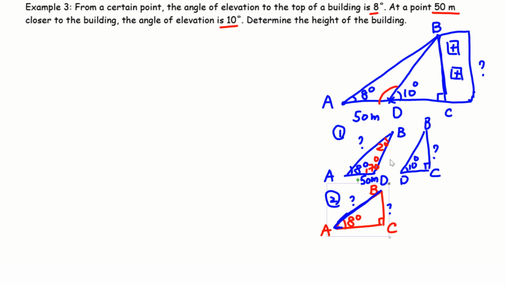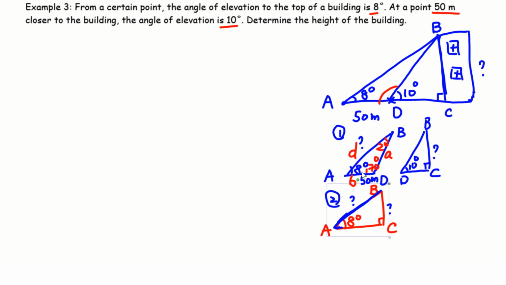We are going to label it using small letters. The opposite side of angle A is small letter a, opposite side of B is small letter b, opposite side of D is small letter d. Then because we have more than one angle given, we are going to use the sine law.